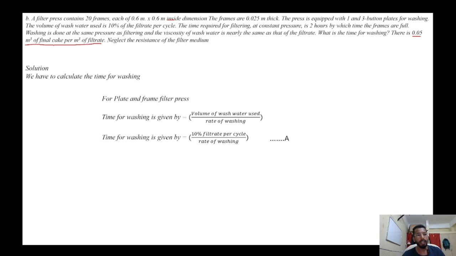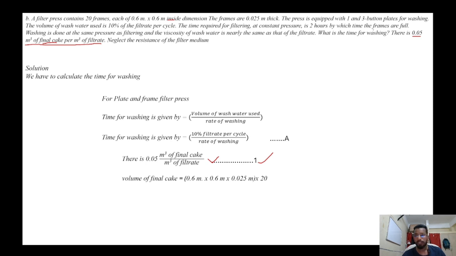That means if I find the volume of the final cake and divide it by this value, I will get the meter cube of the filtrate, that is, the volume of the filtrate. So how can I find the volume of the final cake?